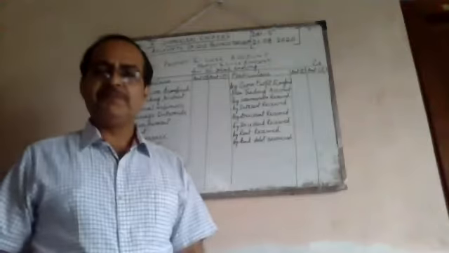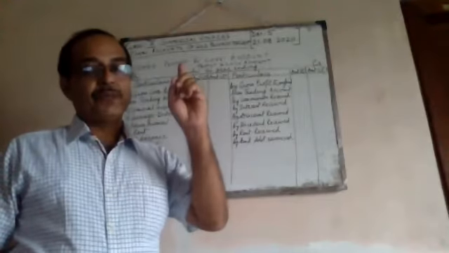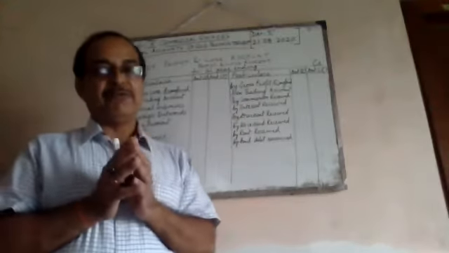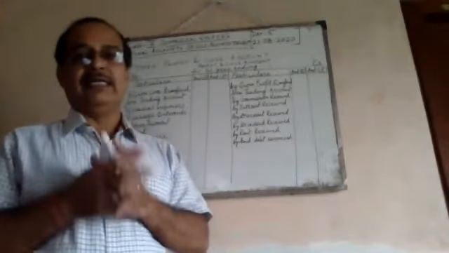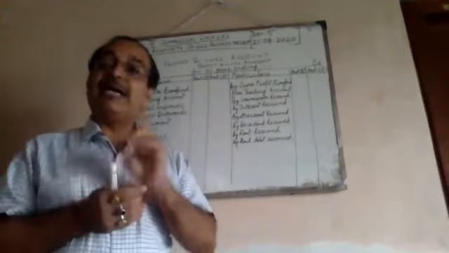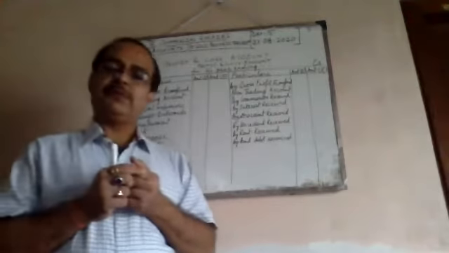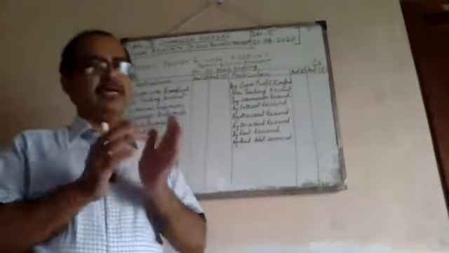Now let's see how we do it. We have found out the gross profit or gross loss from the trading account. Gross profit means that the credit side of the trading account is heavier than the debit side, when incomes are more than the direct expenses.